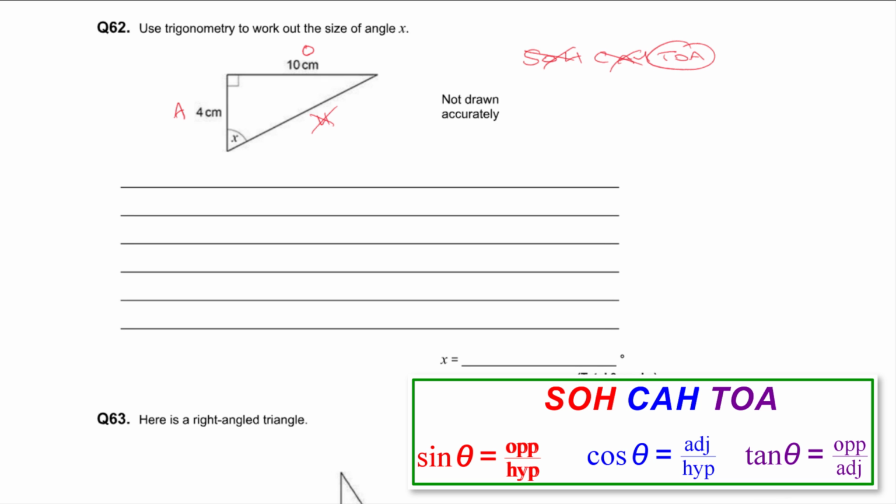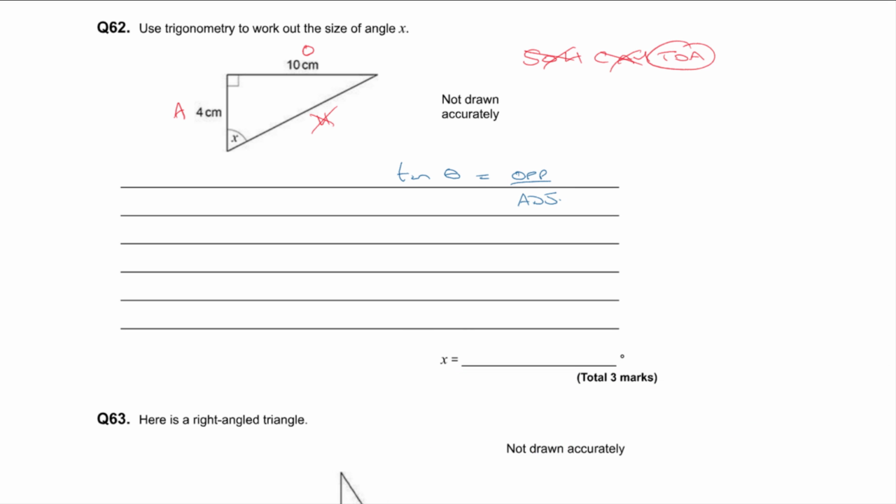So writing out the tan ratio, tan theta is equal to opposite over adjacent. Sub in for theta, that's the angle. Oh, that's the thing we want to find this time, isn't it? So it's just going to be tan x is equal to the opposite, which is 10, divided by the adjacent, which is 4. So this time, if we want x, we're going to have to use the inverse tangent, aren't we?